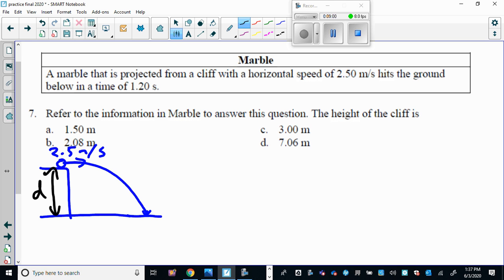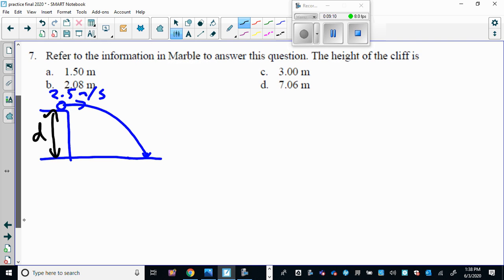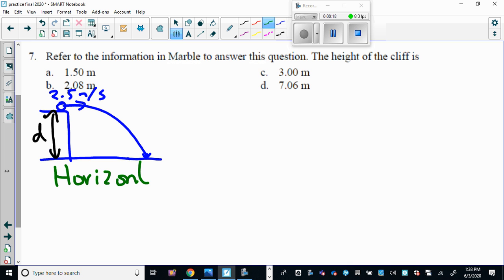Okay, so a reminder for projectile motion problems, we usually separate things into the horizontal components and the vertical components. We may not need to do all that work, but let's just do it to go through all the steps. So let's write down what we have from a horizontal perspective. We have the velocity. Do we have the time?